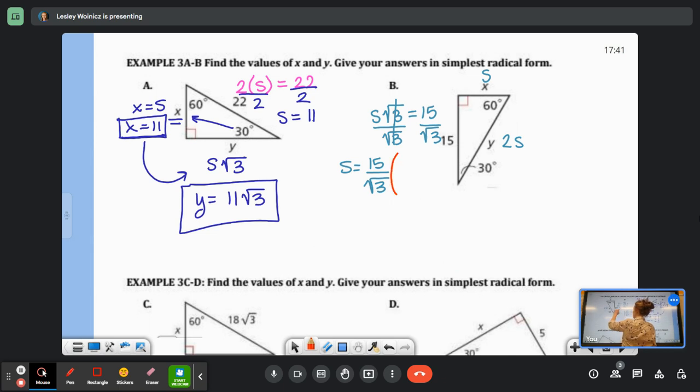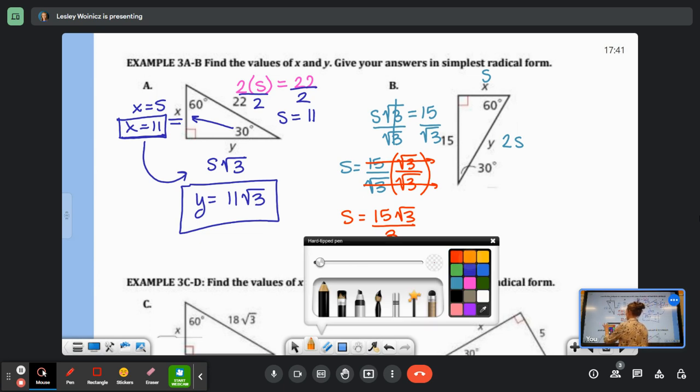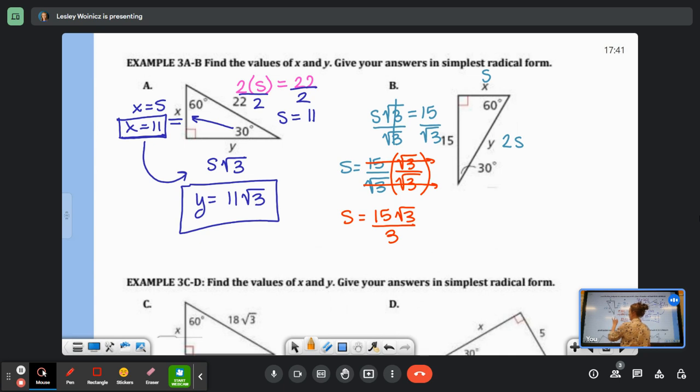So I multiply top and bottom by root 3 over root 3. Multiply across numerators and denominators, so my s equals 15 root 3 over 3. Now that can still be reduced. 3 goes into 15 5 times, so that is 5 root 3.